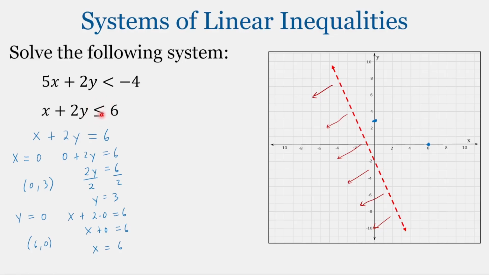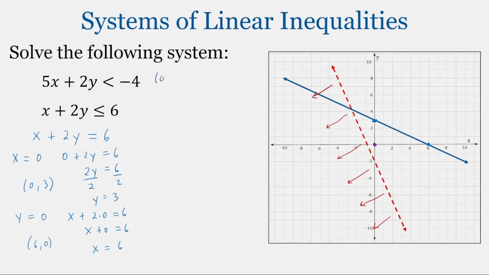Our inequality is less than or equal to. So when we draw this line, we will draw it as a solid line to indicate that the points on the line are included in this solution set. Now we need to determine which side of this line to shade. Once again, I'll start with this origin, 0, 0.